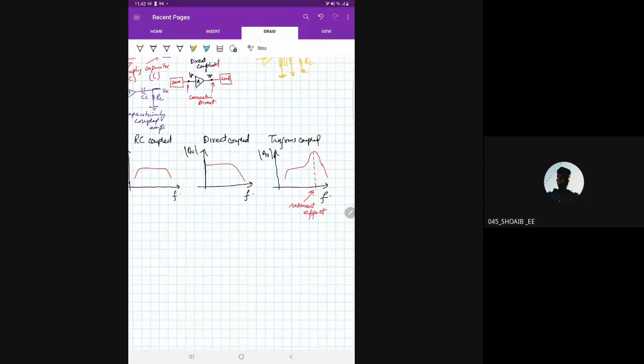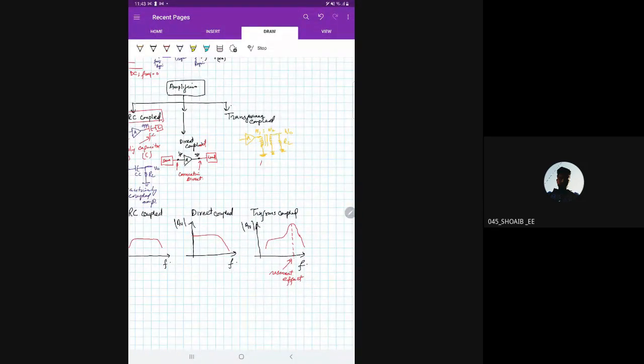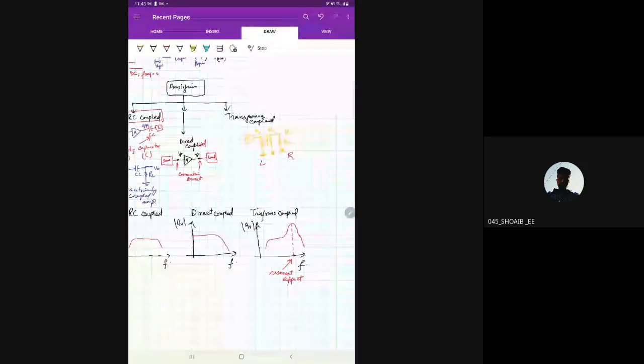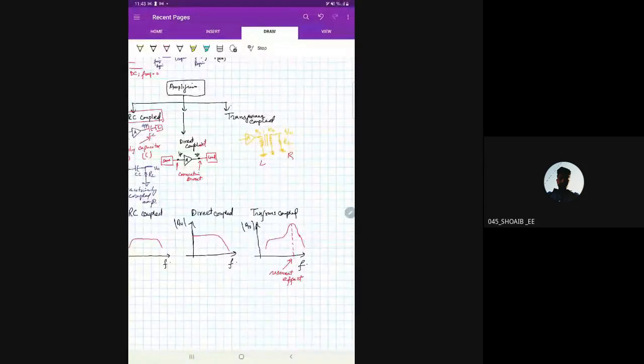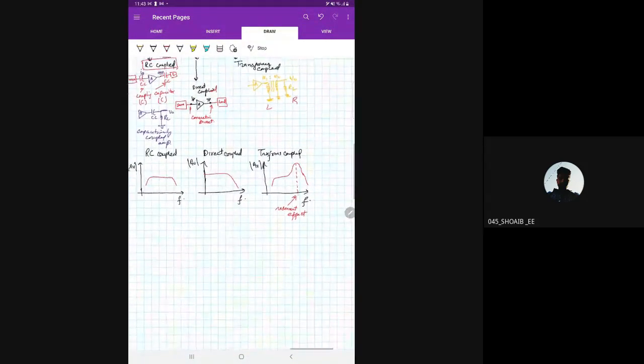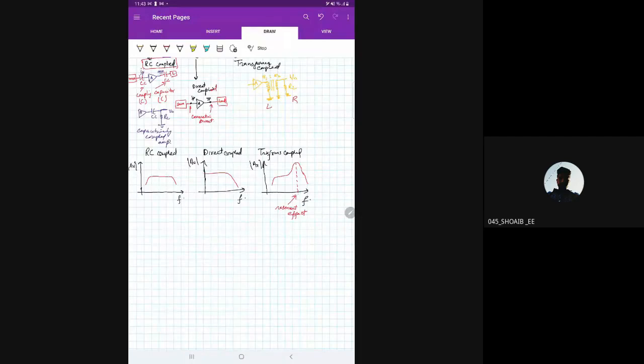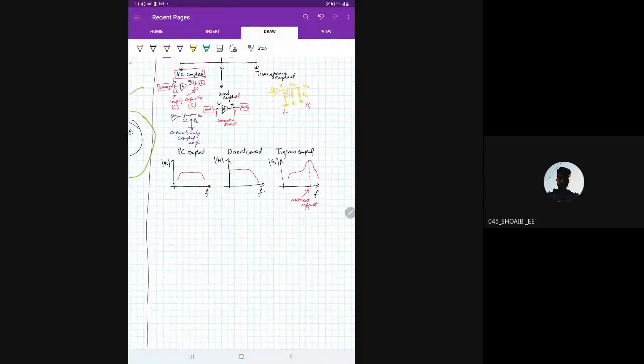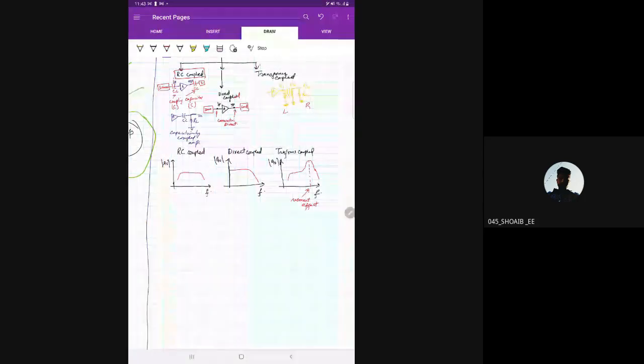When you have inductors and resistors in your circuit, sometimes there is a resonant effect. मैं ट्रांसफार्मर कपल्ड पे बिल्कुल बात नहीं करूंगा। I will primarily discuss RC coupled, and directly coupled a little bit. But this is how the gain versus frequency response of the amplifier will look like.